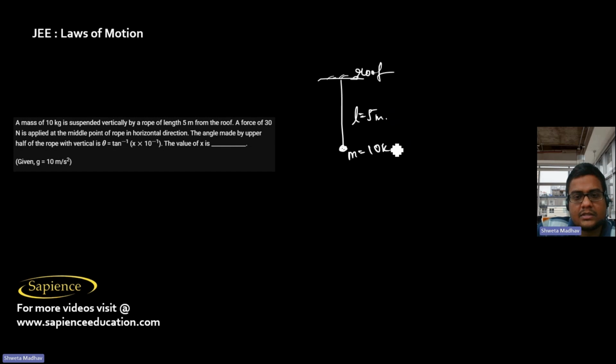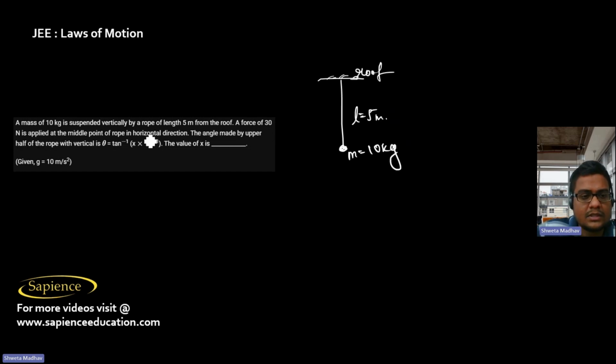Here it is told a mass of 10 kg is suspended vertically by a rope of length 5 meter from the roof. This mass is m, that is 10 kg, that is suspended vertically by a rope of length 5 meter from the roof.